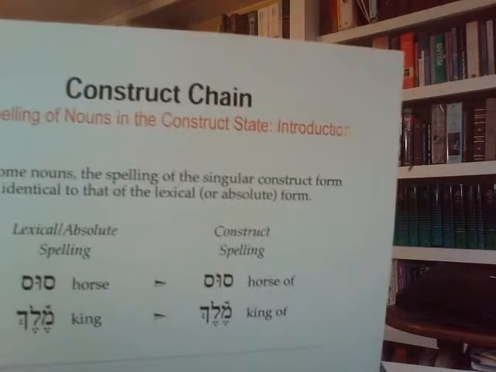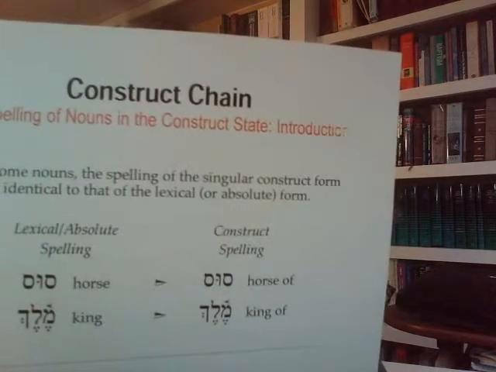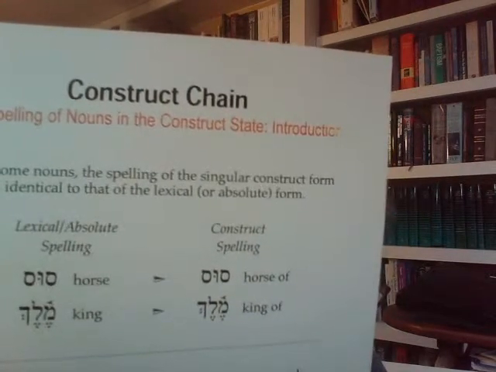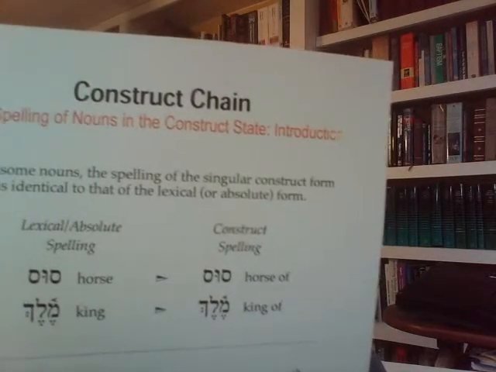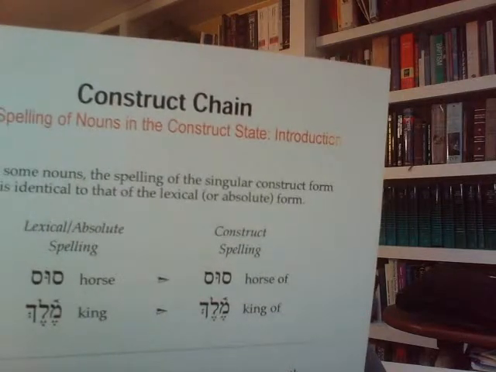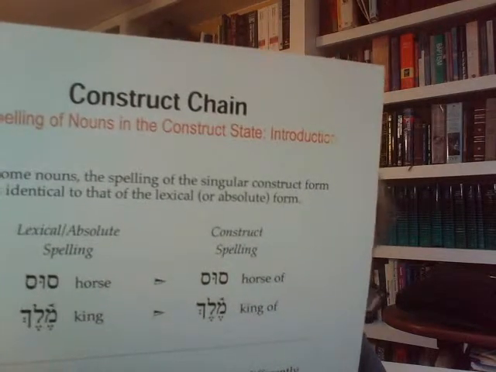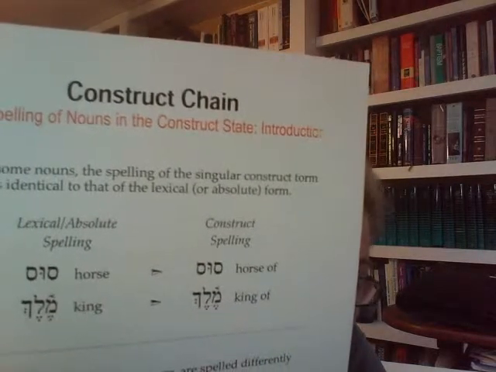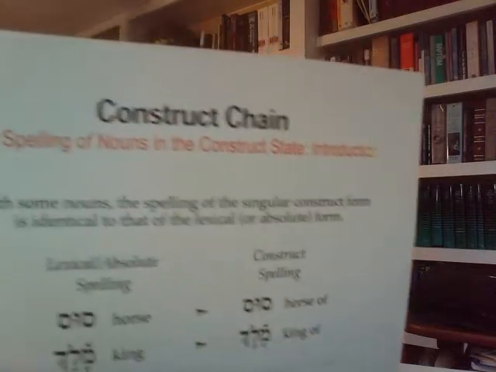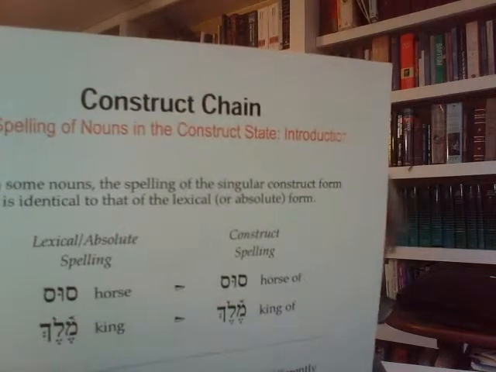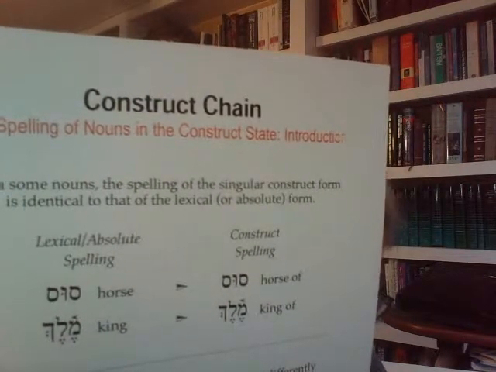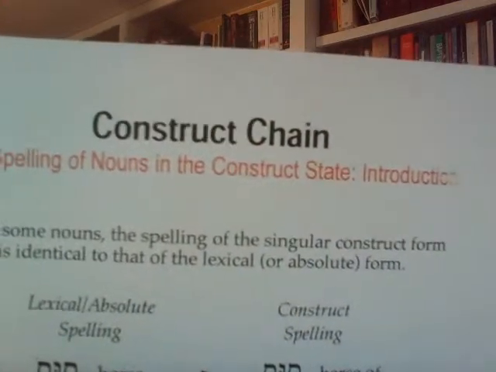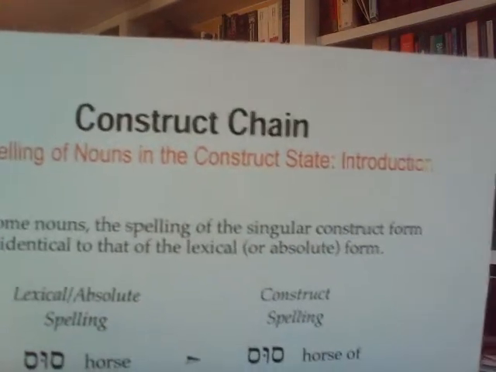But the problem here is that when Sus or Melek appears in a sentence, you don't know whether they're the absolute or the construct. And so you have to allow context to be your director as far as your translation goes, because you don't have any internal markers there as to whether it's the absolute or the construct. So when you're reading or translating, you're going to have to make a judgment call.